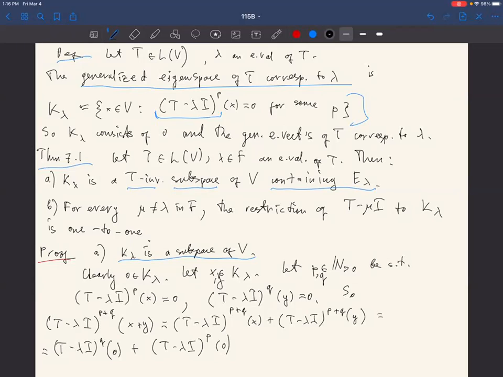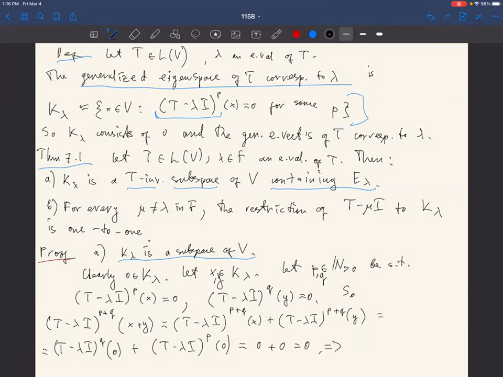And similarly, we get that the result is 0 when we apply the q-th power of the operator to y, by the choice of q. And of course, these are still linear operators. So if we apply them to 0, we just get 0. So we get 0 plus 0, so altogether 0, okay?